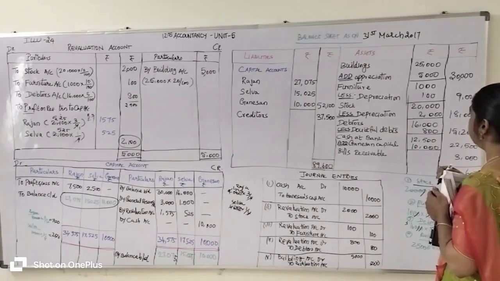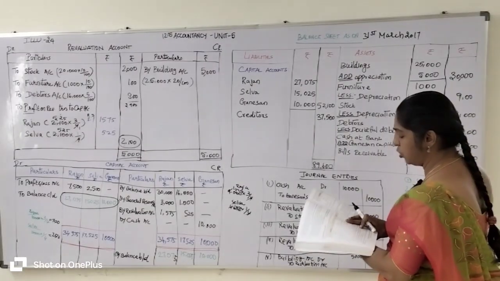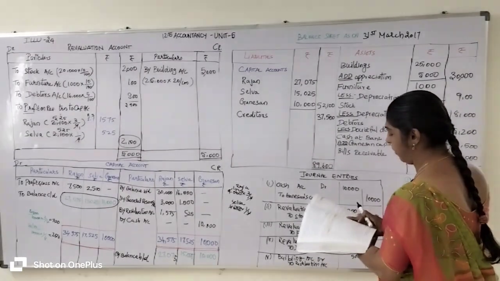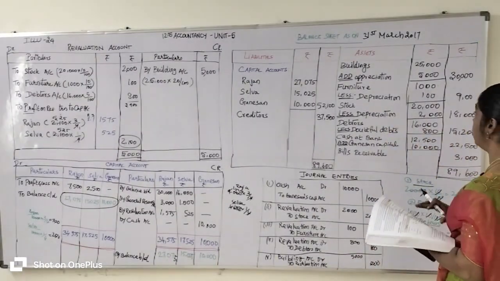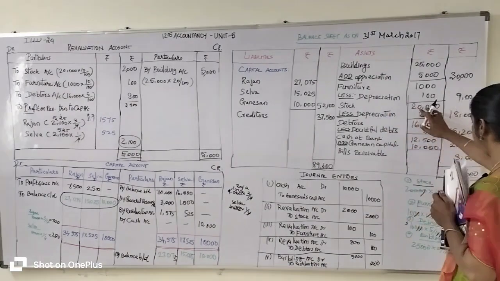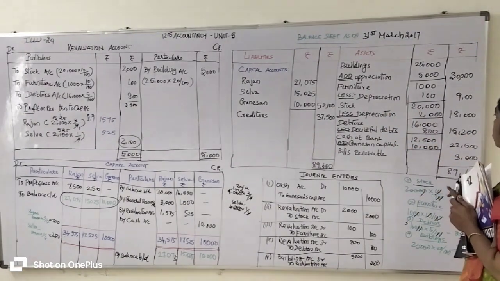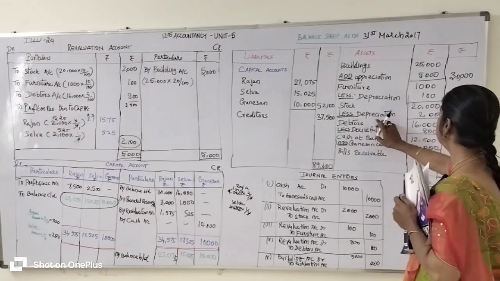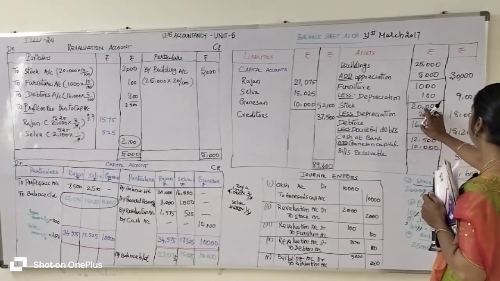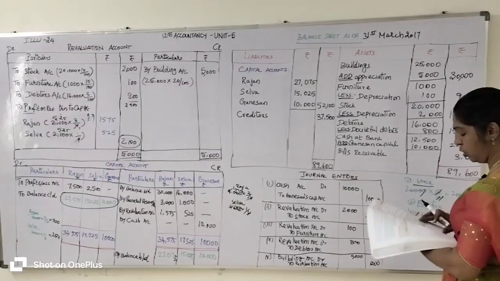Okay. Then the next item in the question is stock on the asset side, 20,000 rupees. Stock 20,000 rupees and stock value depreciated 2,000 rupees. So we have to deduct depreciation 2,000 rupees. So from 20,000 you will get 18,000 rupees.